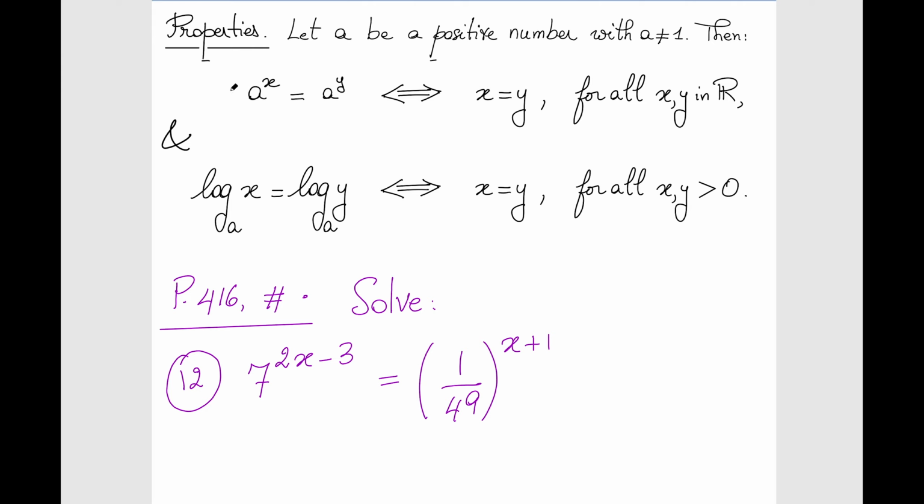Correct? Let's give this a name. How about we call this one asterisk, and the second one double asterisks? So we can refer back to that.